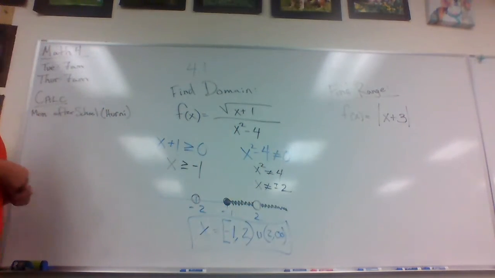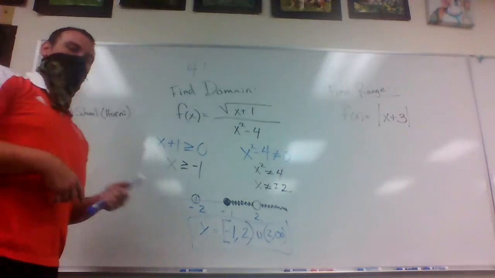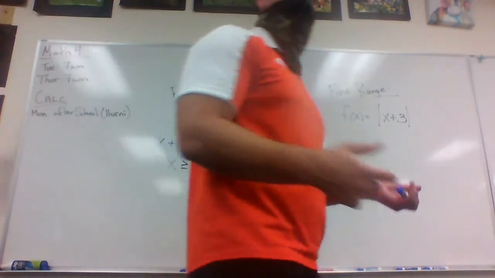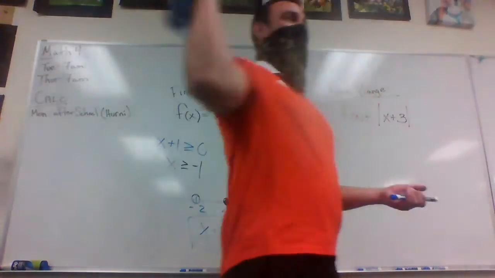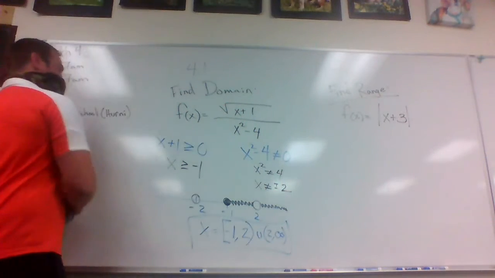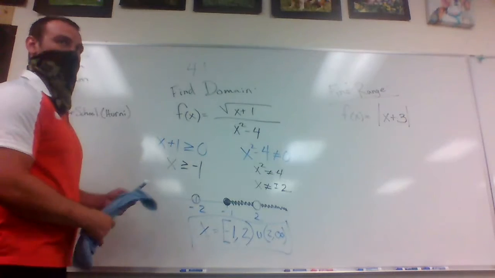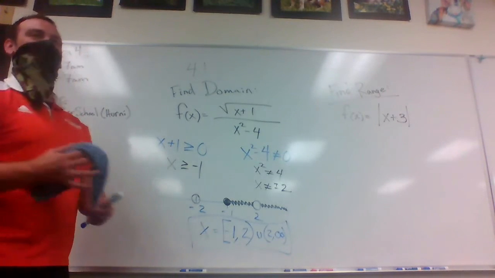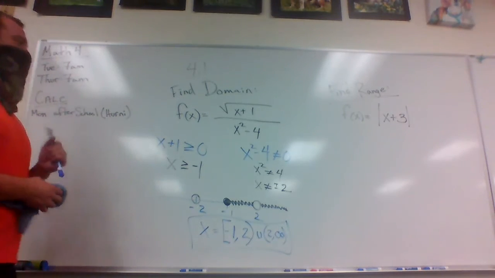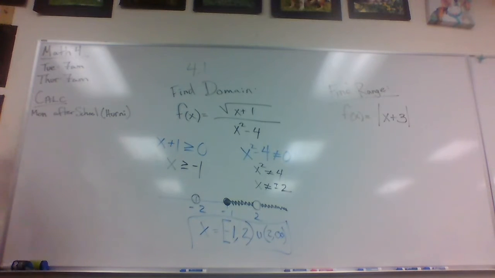F of x equals x plus 3, all in the absolute value sign. Wait, so what's the range of the first one? I would never ask you to find range on that. Okay, I thought we were doing that. That's why I asked if we could use a calculator. Because I'm sorry, but I'm not graphing.